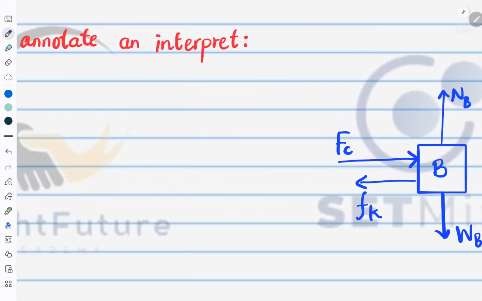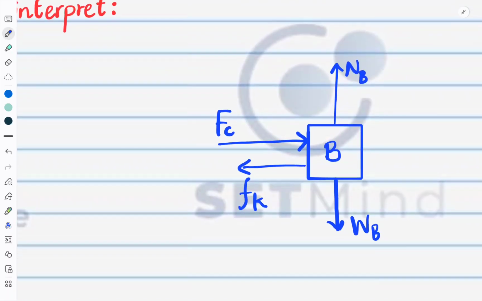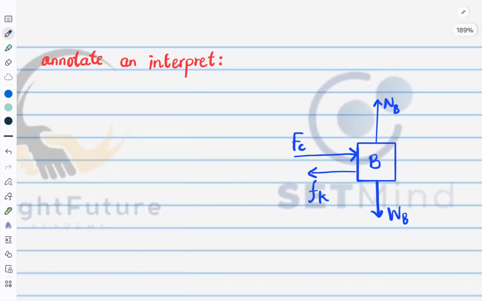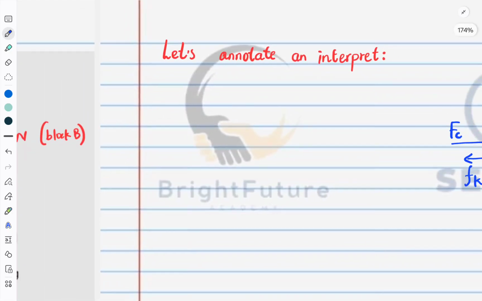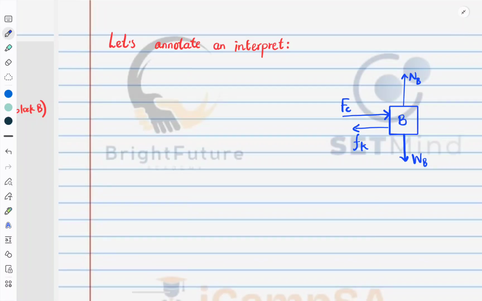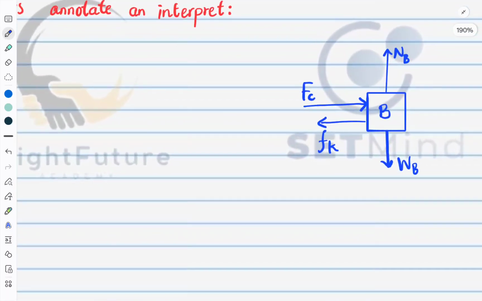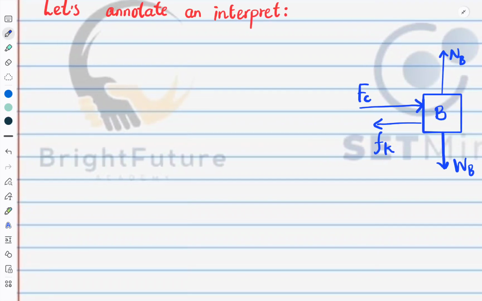But what happens is, according to Newton's third law, block B will exert the very same amount of force on block A, but in the opposite direction. So let's draw what it would look like for block A, and we will include all these forces.